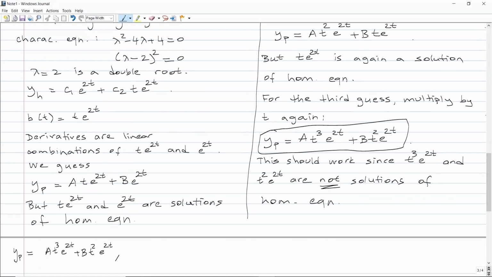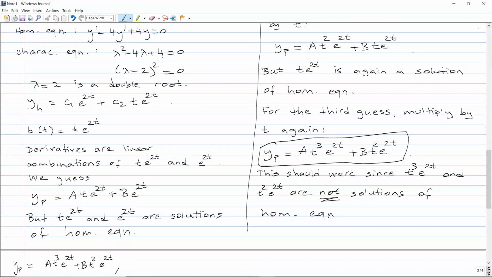Oops, I don't have enough space here. y double prime minus 4y prime plus 4y equal to t e to the 2t.